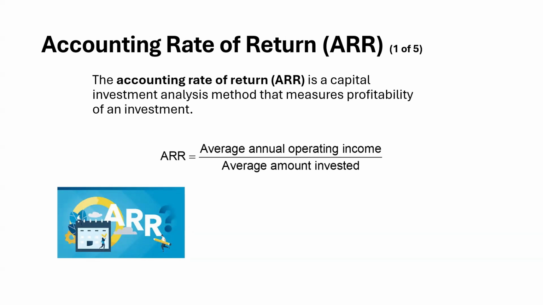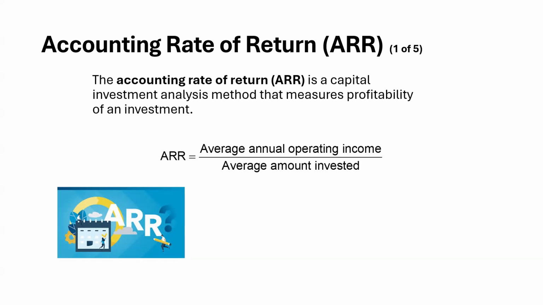Okay, so we're going into accounting rate of return, or ARR. We know that companies are in business to earn profits. The accounting rate of return is a capital investment analysis method that measures the profitability of an investment.